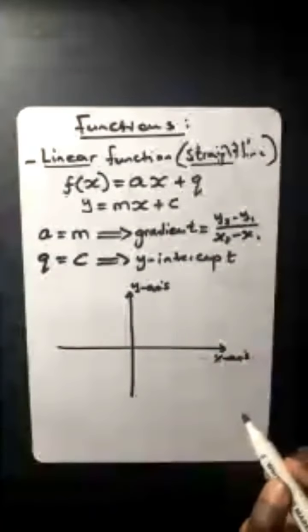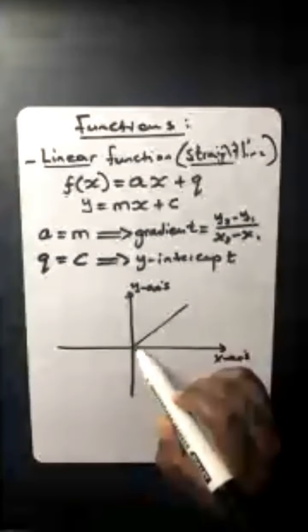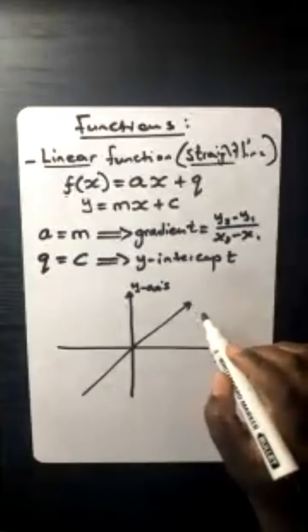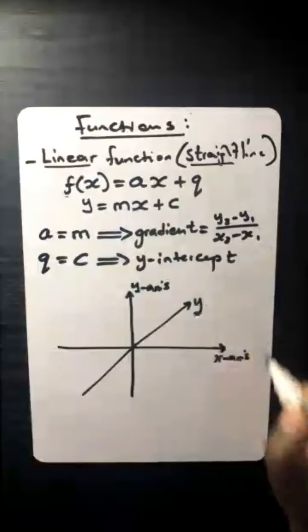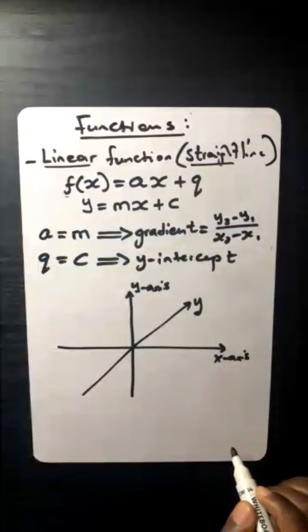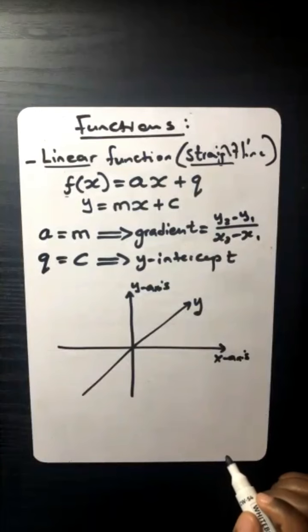You can have a straight line graph passing through that point. So let's say this is the graph of y. My question to you guys: what is that point where that straight line graph passes through?